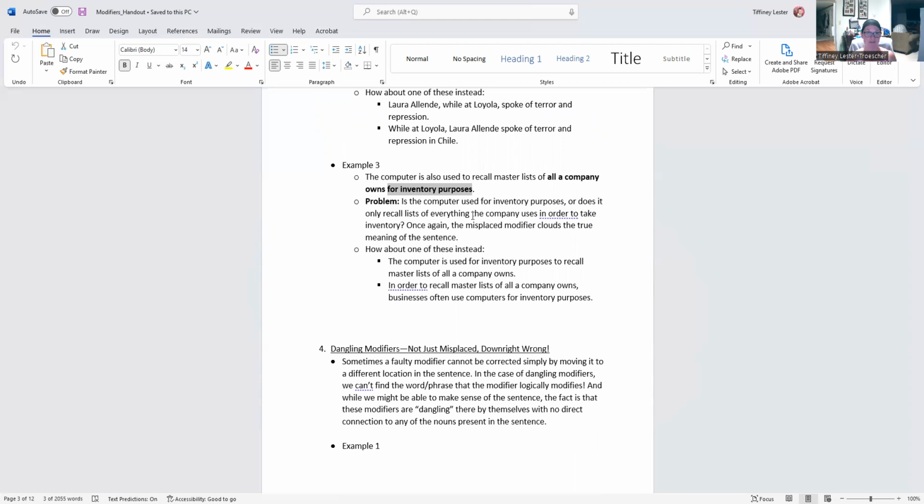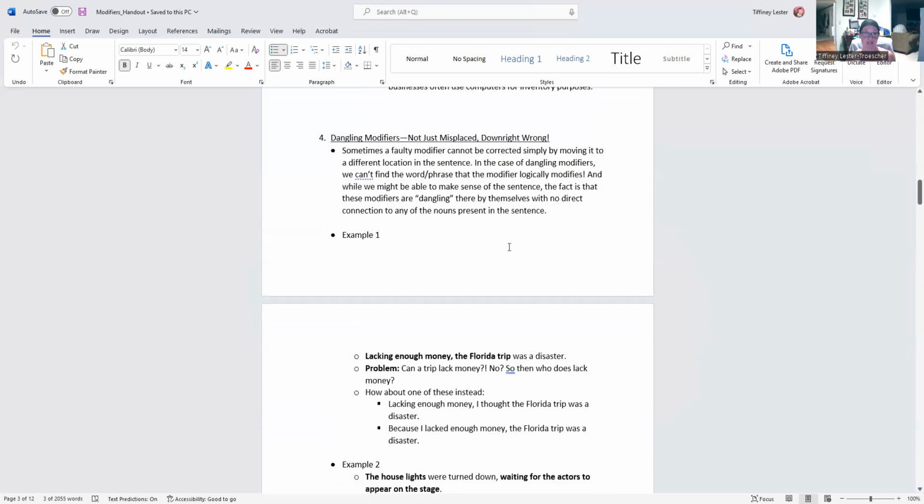But we also have this other category down here called a dangling modifier. And this type of modifier, it's not just misplaced, it's downright wrong, incorrect. Because a misplaced modifier, you can fix that just by rearranging the order of the words in the sentence, taking the modifier and putting it where it actually needs to be.